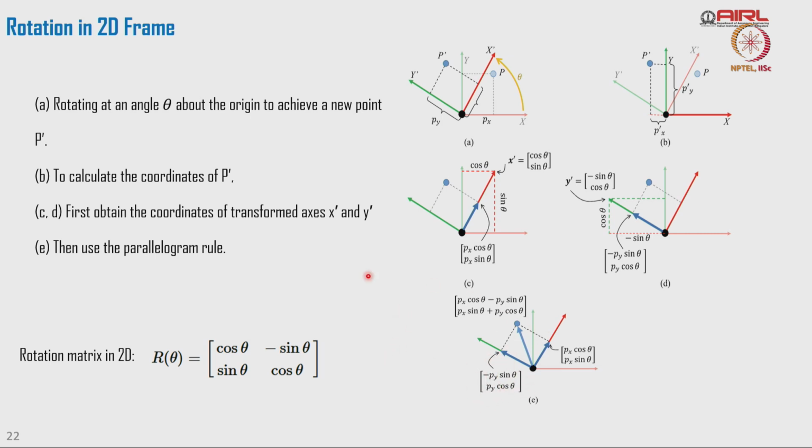So if I am doing a 2D rotation, R theta is cos, minus sin, sin, cosine. This is the rotation. So any point in original xy can be transformed to P prime easily using this. I am simply applying the parallelogram rule to derive the rotation matrix for 2D.